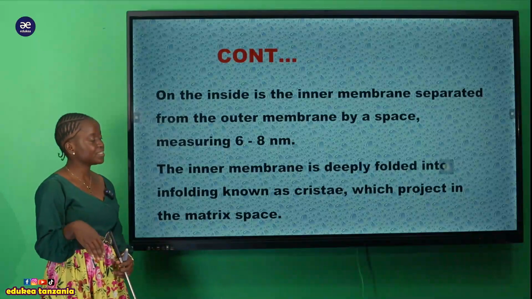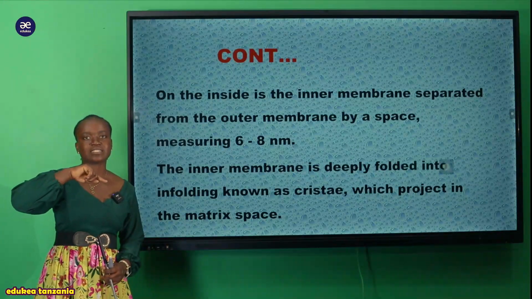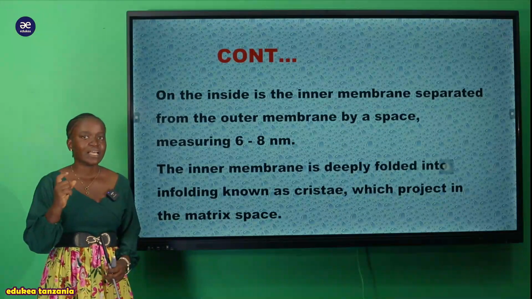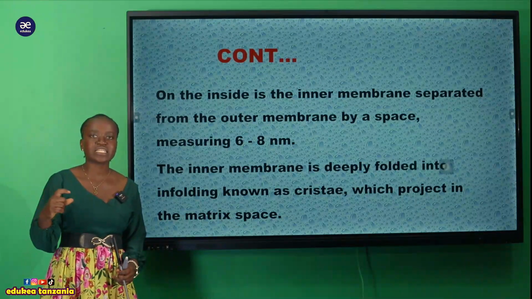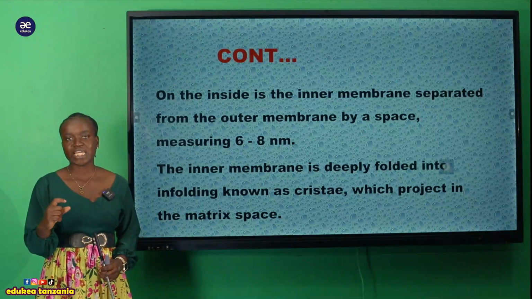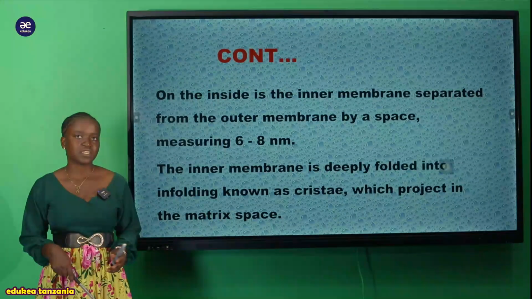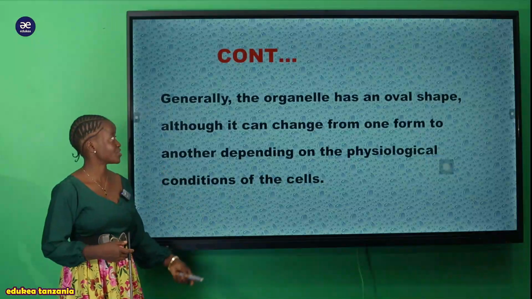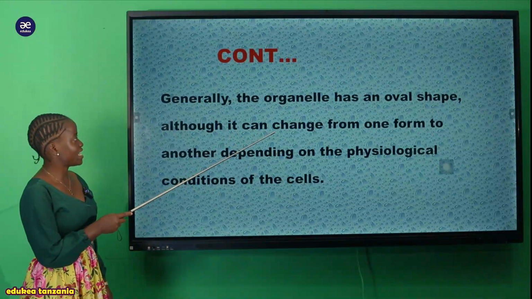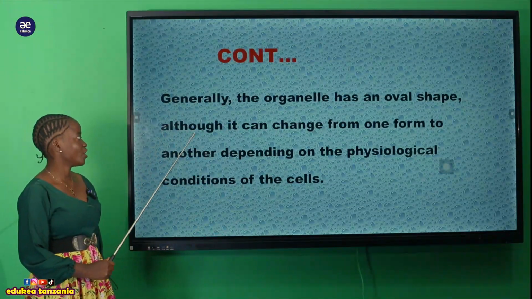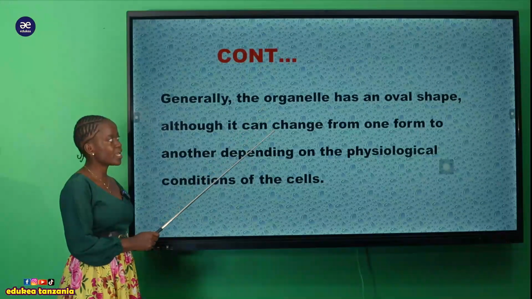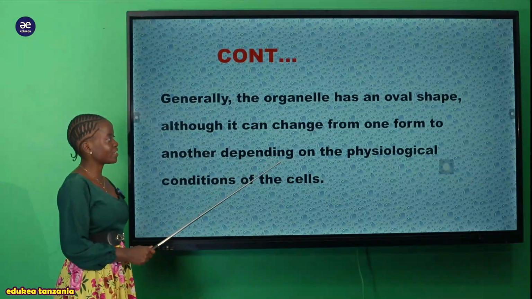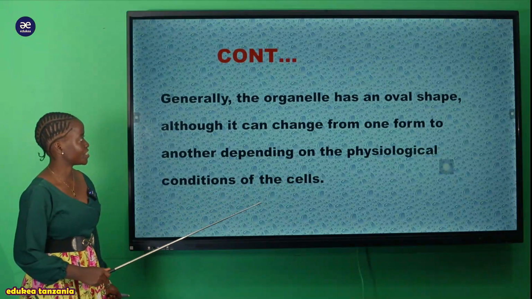The inner membrane has many foldings. Inakuwa na mikunjo mingi sana. And those foldings are projecting in the inner space of the mitochondria, or the matrix. So generally the organelle has an oval shape, although it can change from one form to another depending on the physiological condition of the cell.